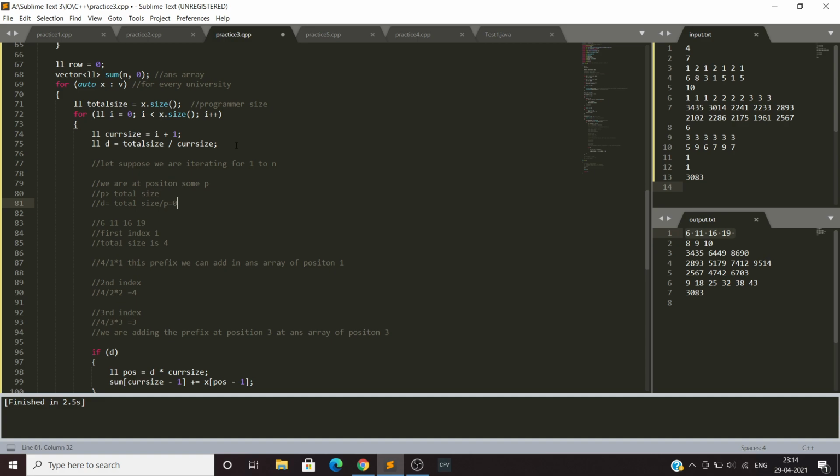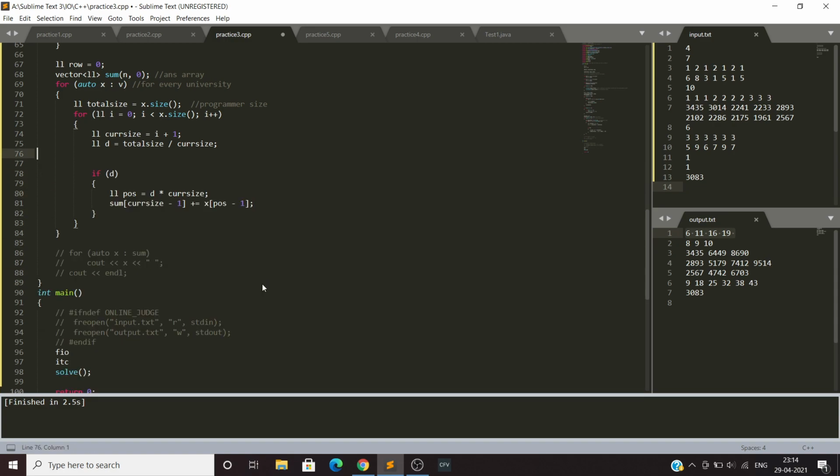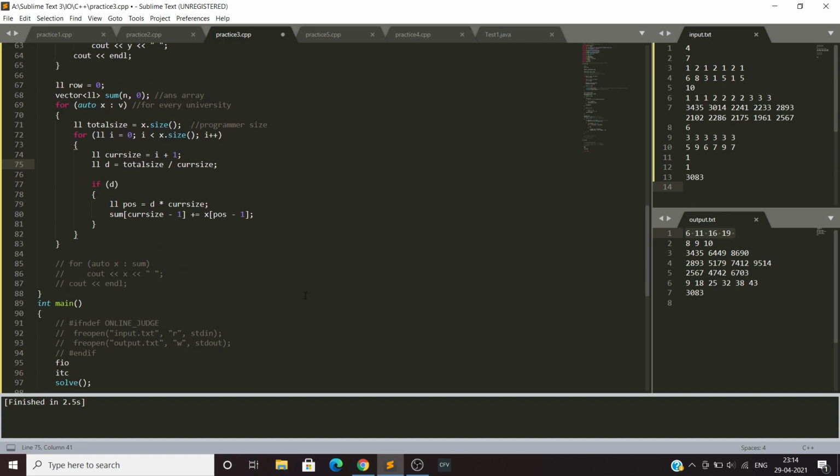So we are not going from 1 to n, and we are just iterating over the positions within the university sizes. So this is the answer to problem 3. Hope you have understood it.